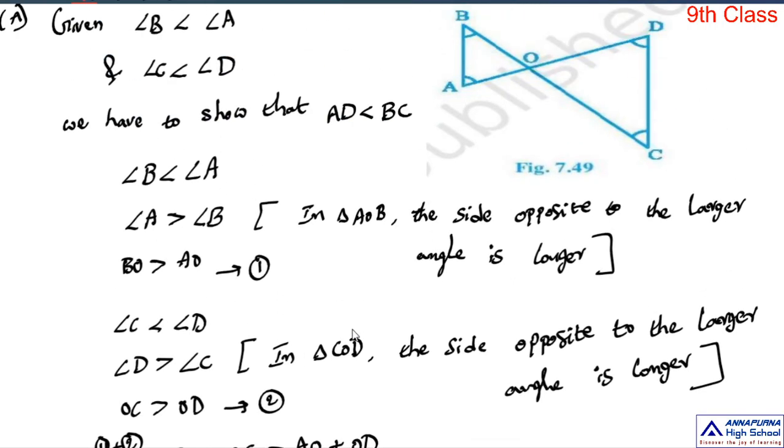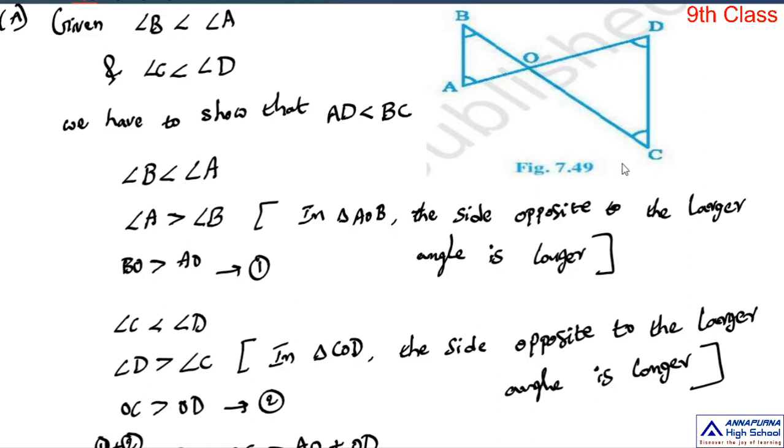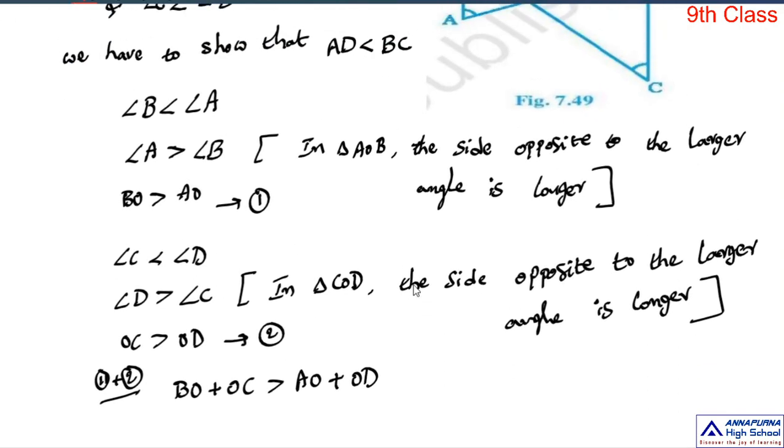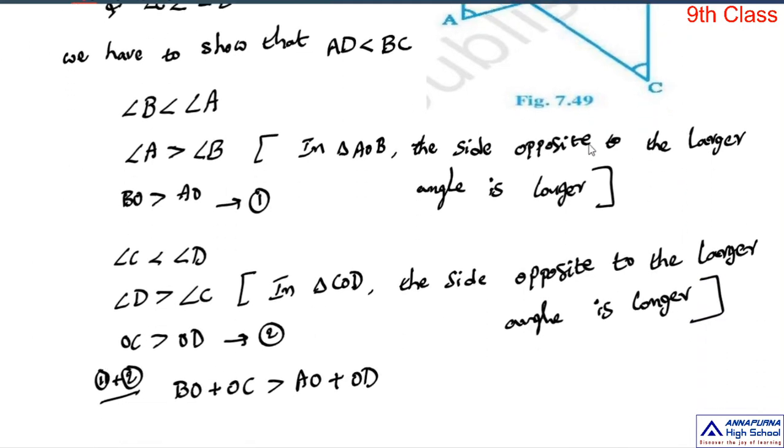See the figure. The line segment BO plus OC is equal to BC, and AO plus OD is equal to the total length AD.